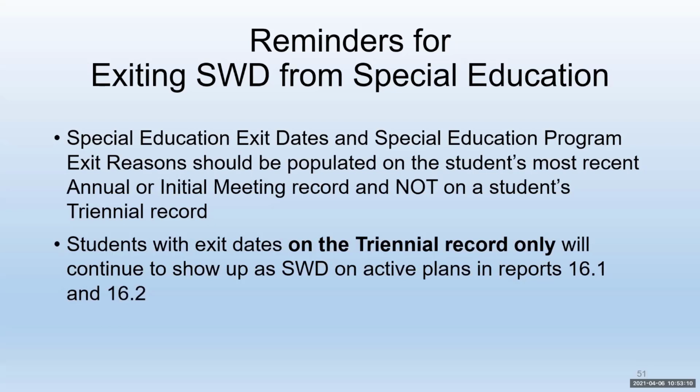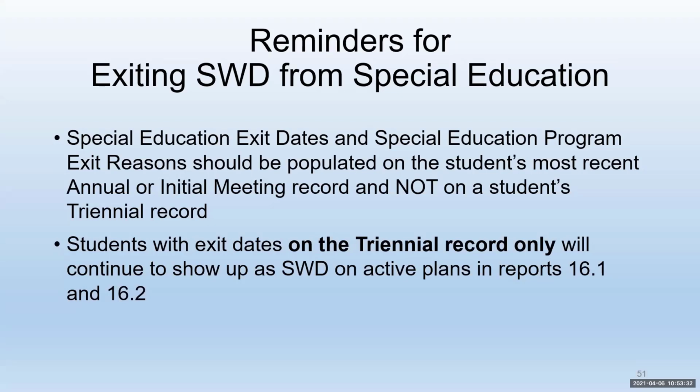Populating this on the triennial record, if you've already got transactions in there and that student's program exit shows up on the triennial record, but not any of the most recent annual or initial, that student is going to look like they are still eligible for special education and will show up in reports 16.1 and 16.2.